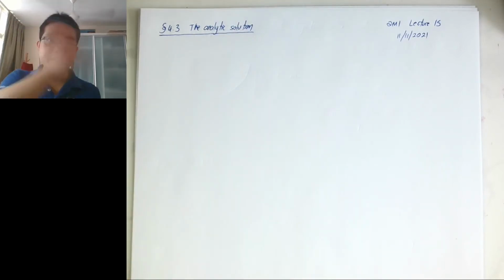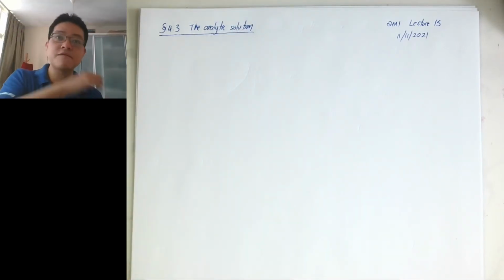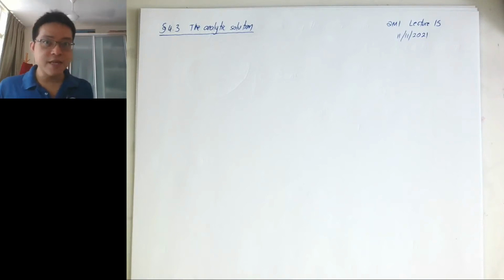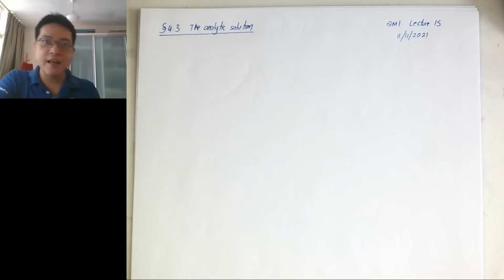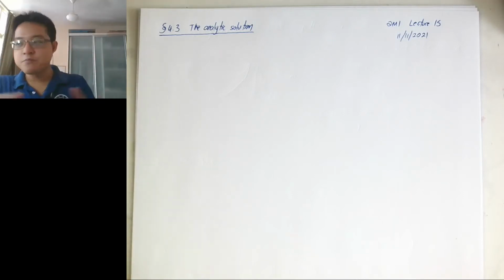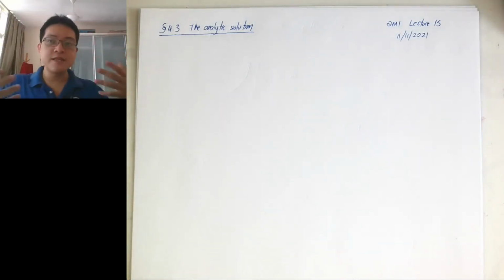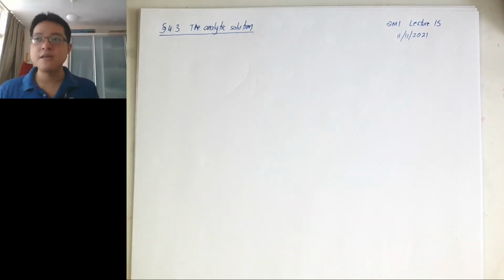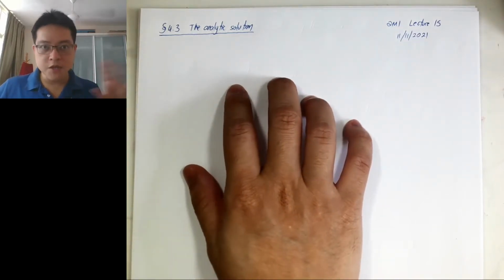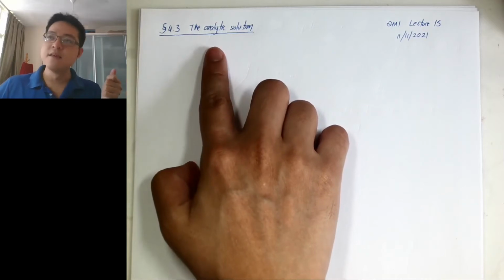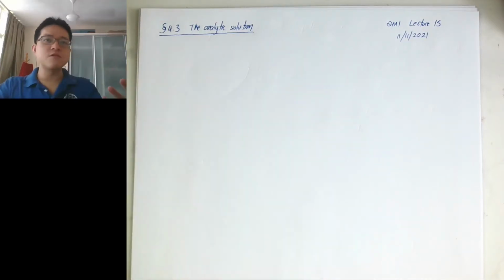In the previous class, we solved the harmonic oscillator using the ladder operator approach, right? The creation operator, the annihilation operator, and then the number operator. Using that calculation, we can derive the wave function and energy levels of the harmonic oscillator. We're going to solve the harmonic oscillator again, but this time using what is called the analytic solution, basically the solution in calculus.